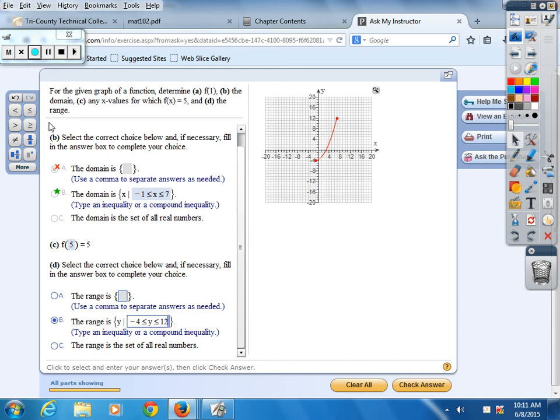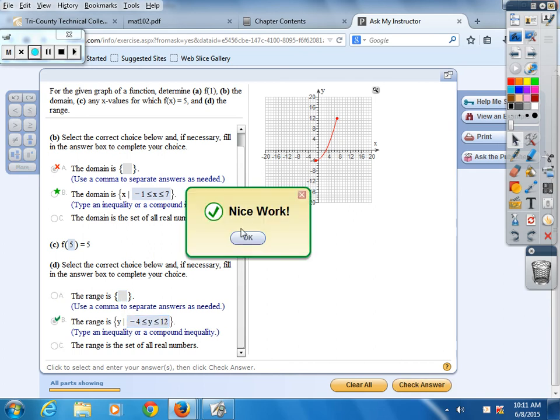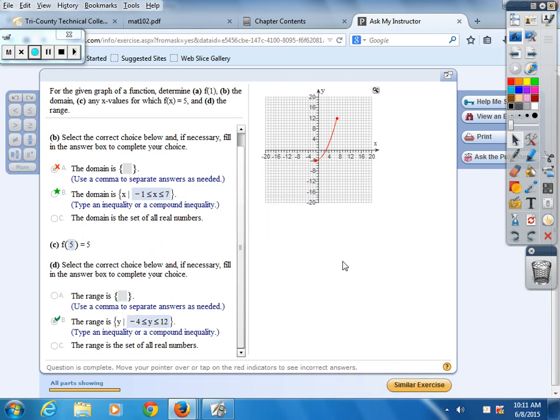Now you could write bracket -4, comma, 12, close bracket. It'd be the same thing. Okay, so there's that question.